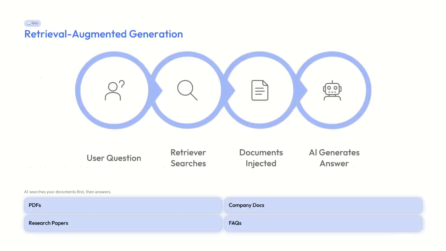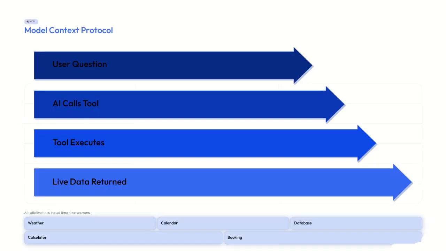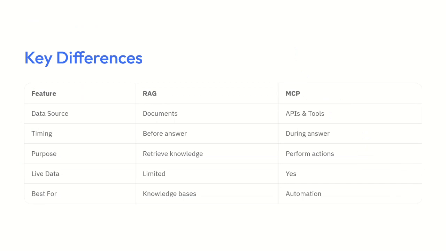Simple. Now let's talk about the key differences. Let's compare these two approaches. The biggest difference is their purpose. RAG works with documents and retrieves information before generating an answer, and MCP works with APIs and tools, allowing AI to perform actions while generating a response.